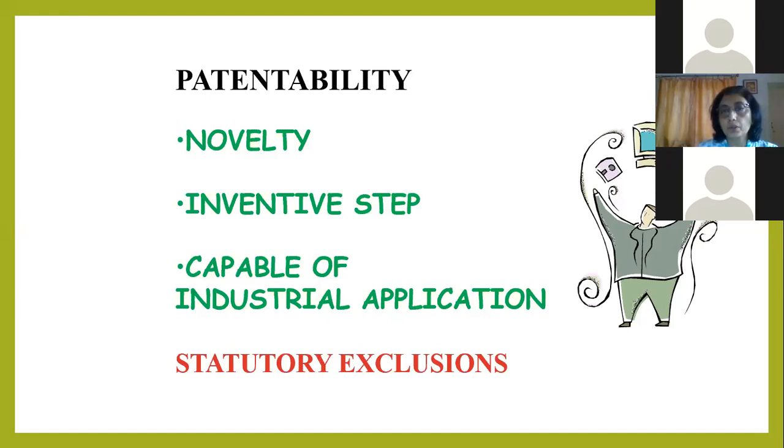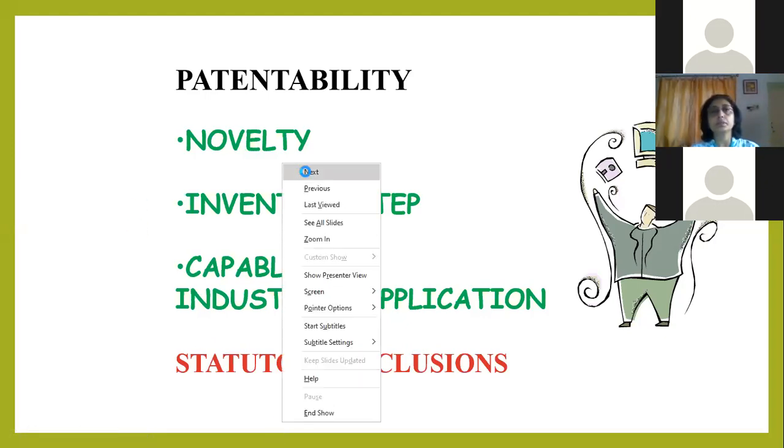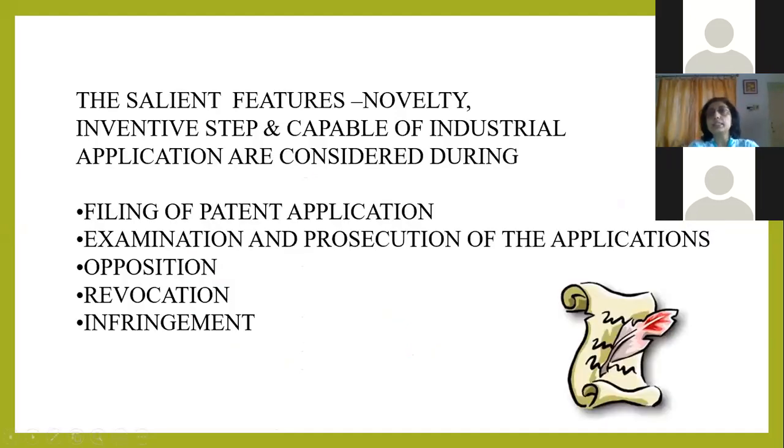So if we go to the next slide. Now, these salient features of novelty, inventive step, and capable of industrial application, these are the factors or the features which always play a role when we are looking into the invention.